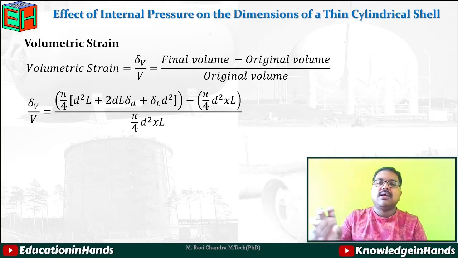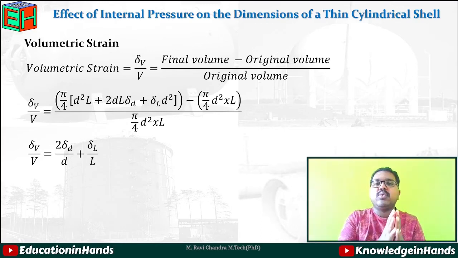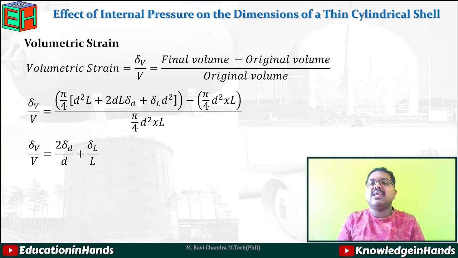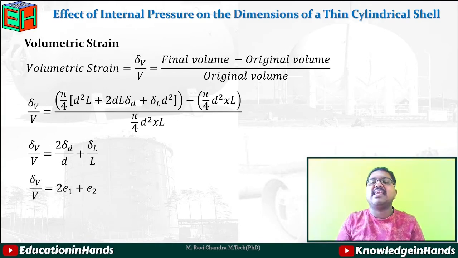If we refine this formula, we get the volumetric strain as 2 into delta D by D plus delta L by L. Here delta D by D and delta L by L are nothing but E1 and E2. So we can write the volumetric strain, delta V by V, as 2 into E1 plus E2, where E1 is the circumferential strain and E2 is the longitudinal strain.